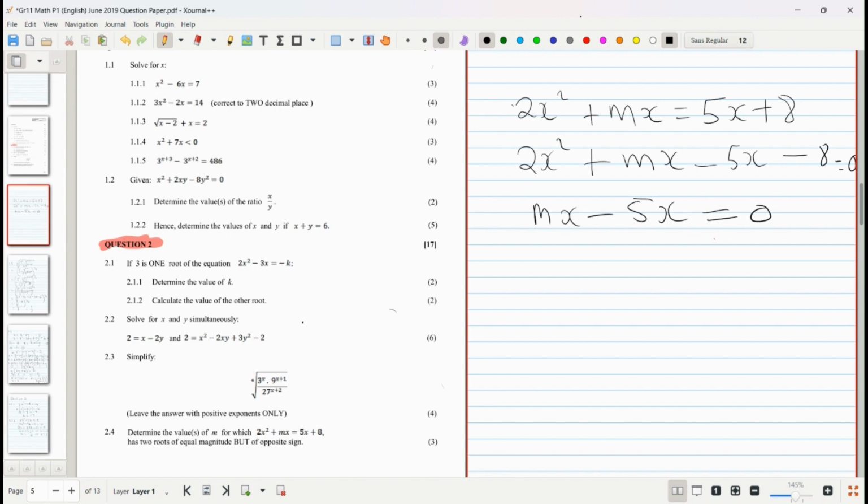Taking out the common factor, we'll have x in brackets, m minus 5, which will equal 0. So we'll have x equals 0 or m equals 5, which is what we are looking for, because they asked us to determine the value of m. So our value of m is 5.